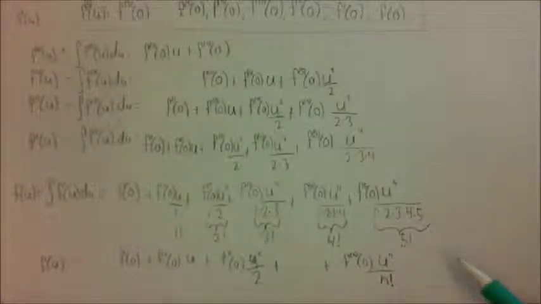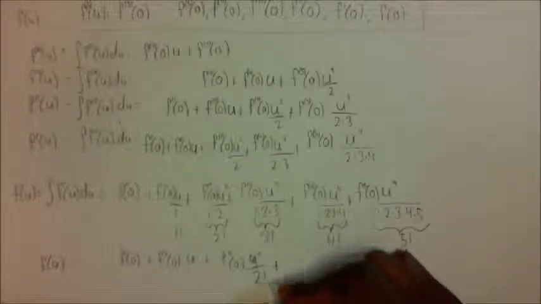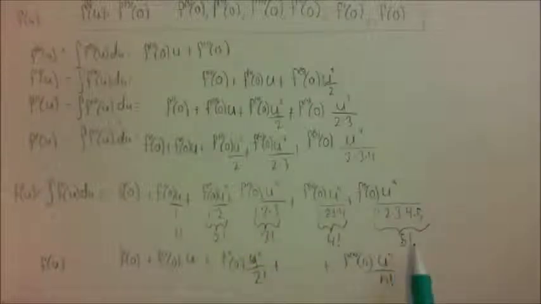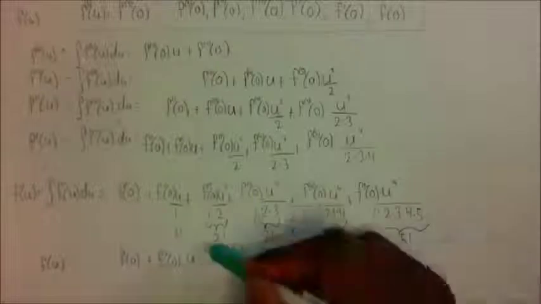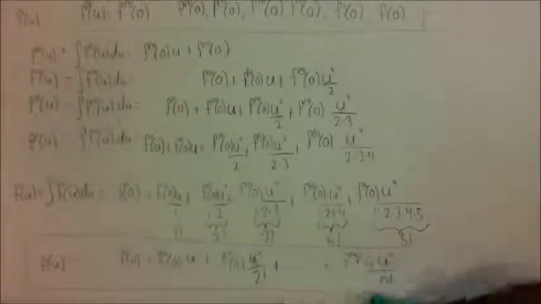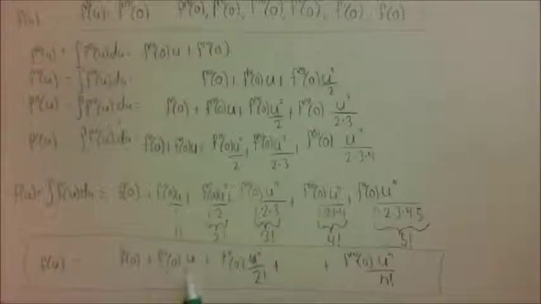Now the important thing with this is that the f of 0, f prime 0, etc., those are all constants. And the 2 factorial, the 3 factorial, 4 factorial, 5 factorial, up to n factorial, those are all constants. Constant divided by constant gives a constant. So essentially this is a polynomial, which means we can use this to estimate any function, provided that we can find the derivatives.